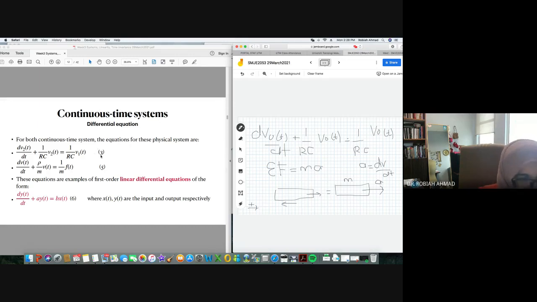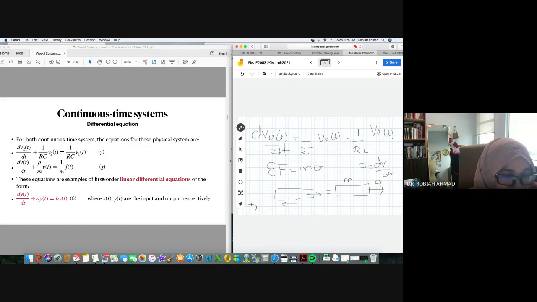We take back equation number 3, and then go back to the automotive example, equation number 5. In the first case, the input is the voltage source and the output is the voltage at the capacitor. For the automotive system, the input is the F here, and the output is v, velocity.